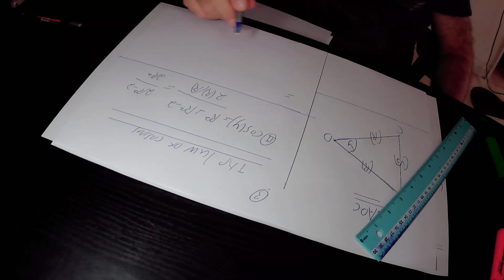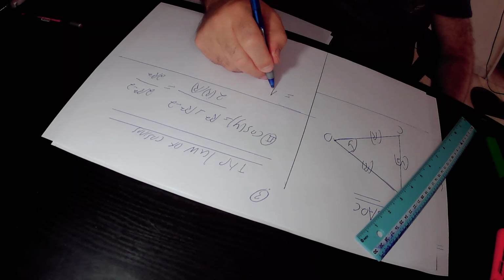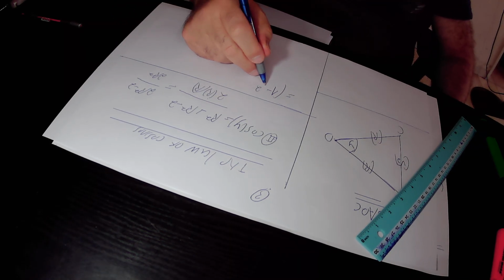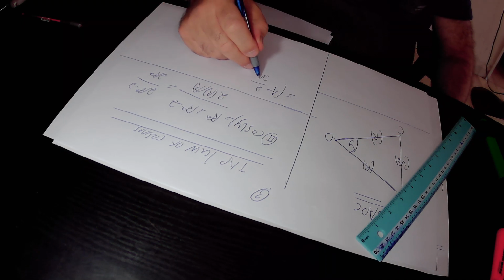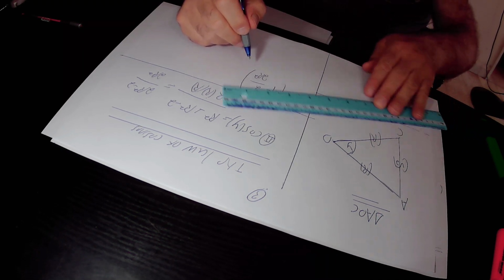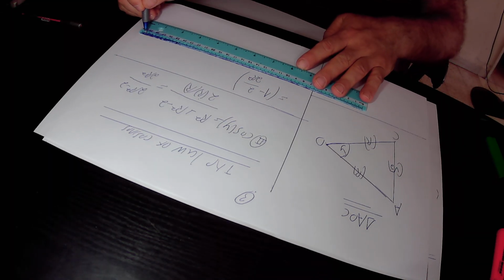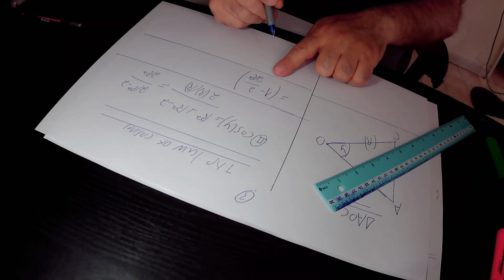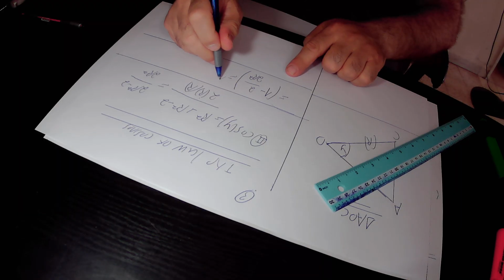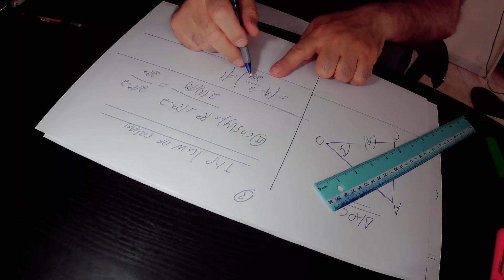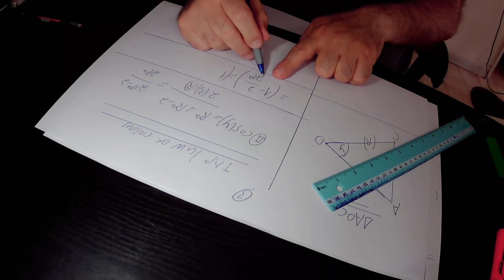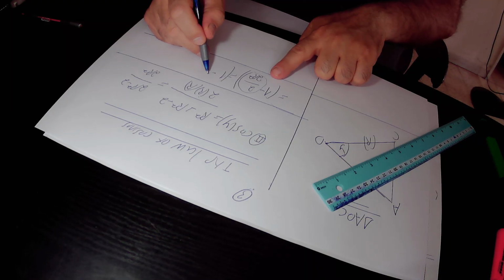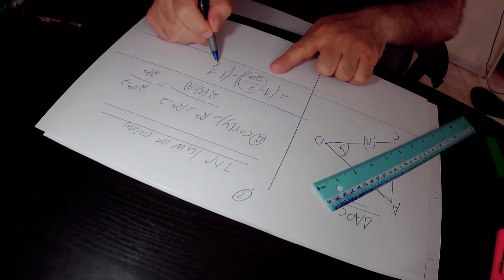So cosine Y equals 2R squared over 2R squared, which is 1, minus 2 over 2R squared. Here we divide both the numerator and the denominator by 2, and we get minus 2 over 2 is minus 1, and 2R squared over 2 is R squared.